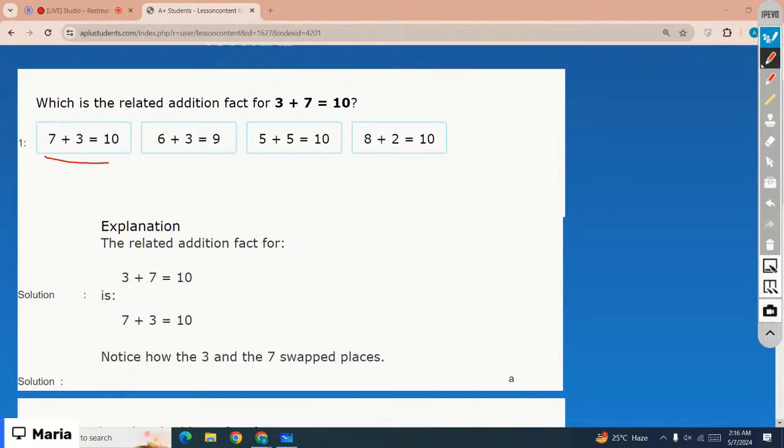Related addition facts have exactly the same numbers, just their position got swapped. Here you have 3 plus 7, and here you have 7 plus 3, right? They are just swapped. Now the 3 and the 7 swap places. Got it? So the related addition facts have exactly the same numbers, just their positions swapped, right?